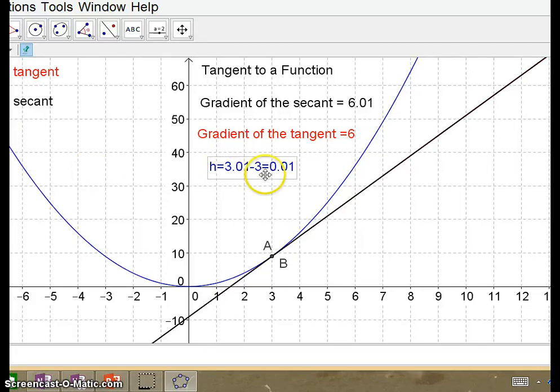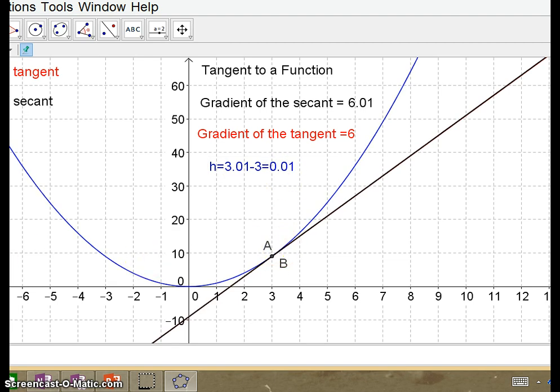We can see the value of h here very, very close to 0. It's actually at 0.01, but this is only because of the technology that I'm using here that won't actually get me exactly to 0. But you can see that if B was sitting perfectly on point A, h would be equal to 0.